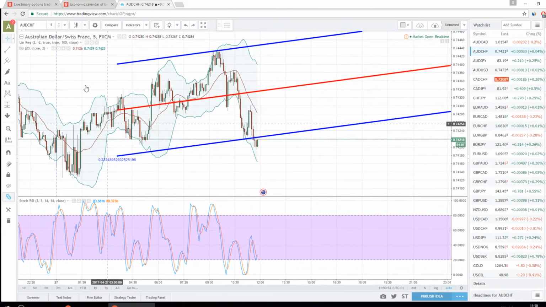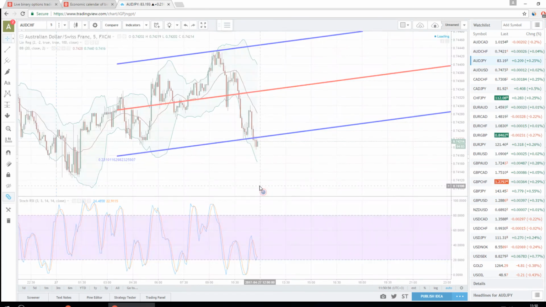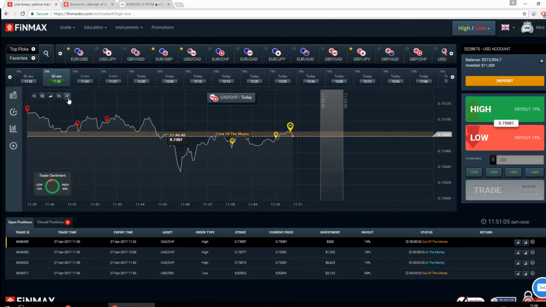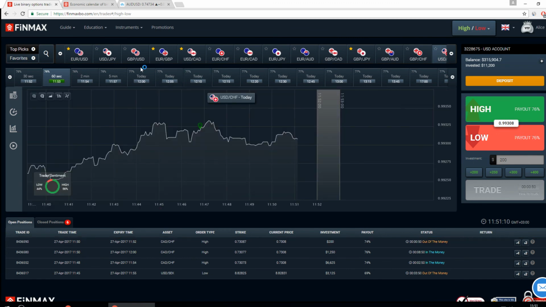And meanwhile, let's switch to other assets. Australian to Swiss franc, also a puzzling situation. Australian to American dollar, also for 1 minute I will enter. Hold on.